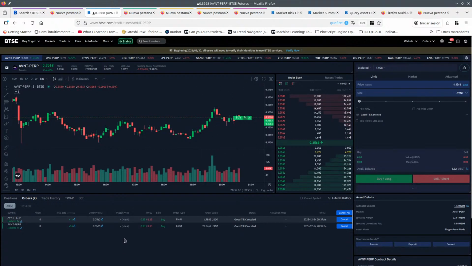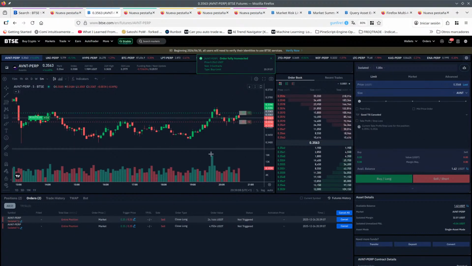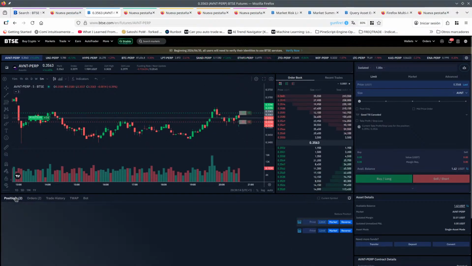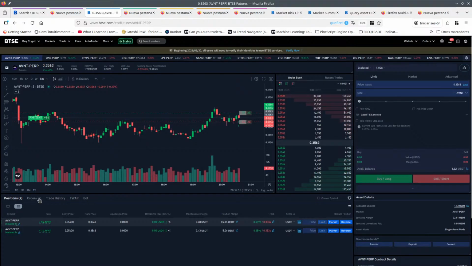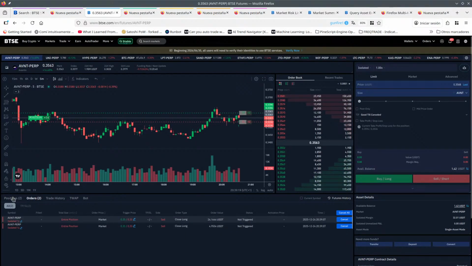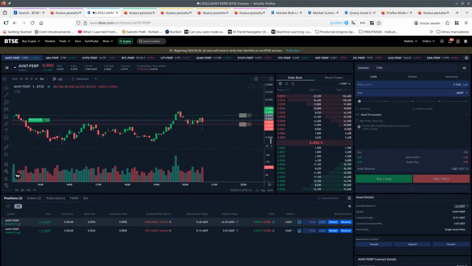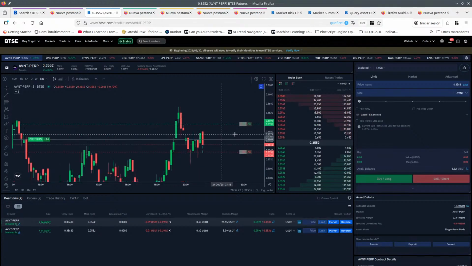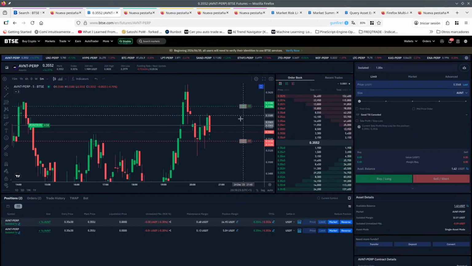So a trade, so you can see, okay, so order fully transacted, the 3 contracts. So now we have 2 different, so there's the stop loss and so on. So it's basically the same order, but it's too much of it.